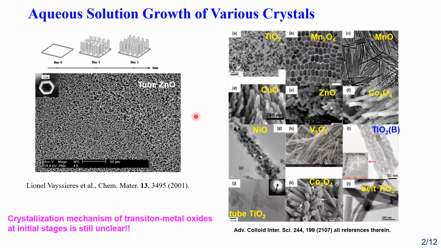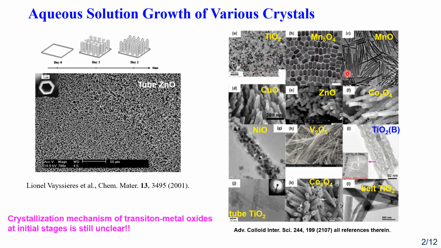In 2001, Dr. Rainer Bissell showed that zinc oxide nanorods and zinc oxide nanotubes can be fabricated using an aqueous solution method. After that, many people have reported the fabrication of transition metal oxide nanostructures using aqueous solutions.